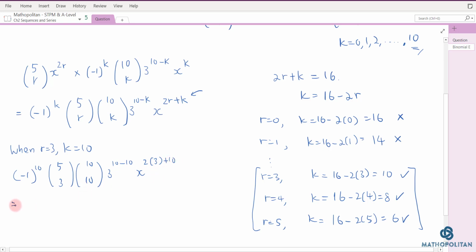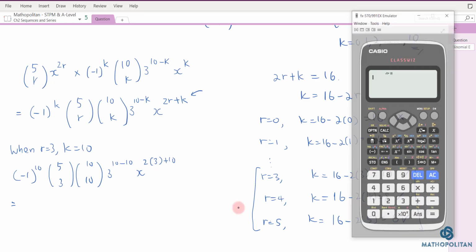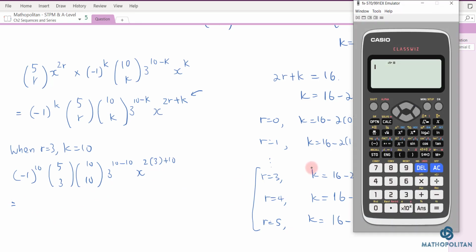So negative 1 to the power 10, that is of course equal to 1. That's something that you can verify.